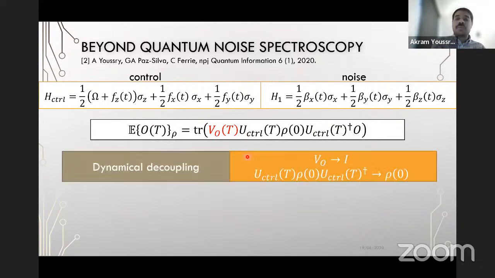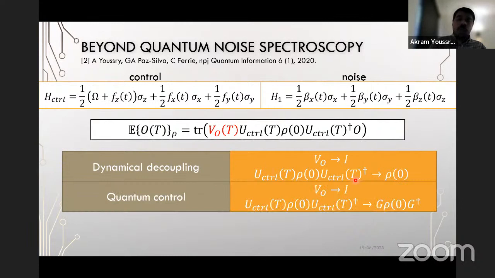And if you know this operator, then you can do all the tasks in control. So you can do dynamical decoupling, which is noise cancelling essentially. What you want is that this VO is identity and that your evolution is just rho zero, like an identity gate. So this is quantum memory essentially. Or you can have a target quantum gate. You want your evolution to be some target G. So in this case, you have two objectives.